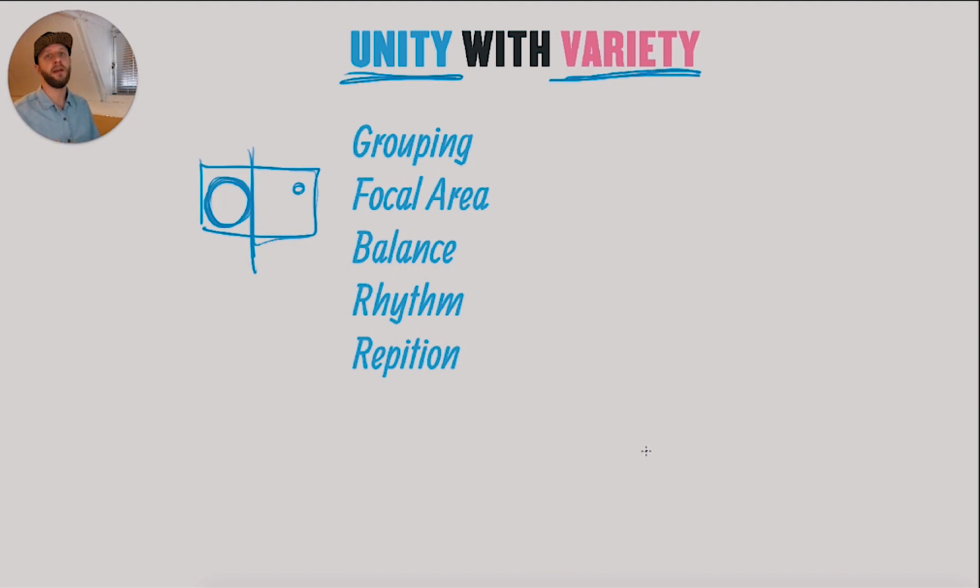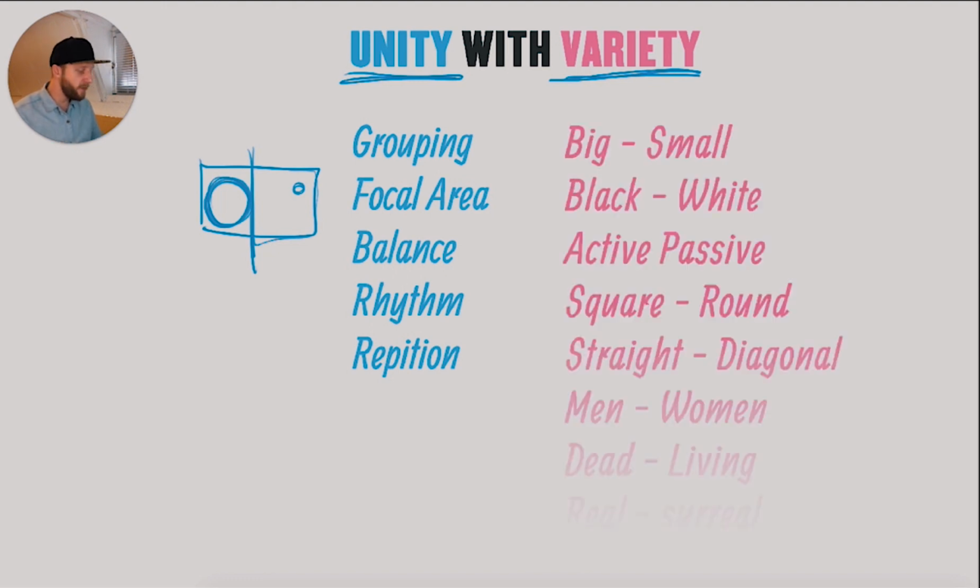So what is variety? Variety can be anything. Variety could be the difference between lights and darks. Or variety could be the difference between surreal or real. Here I've created a list, but this is very much dependent on what you put in your image. If your image is about dragons, then it's very nice to have 2 dragons in there, but we need to have something else in there as well to make it variety.